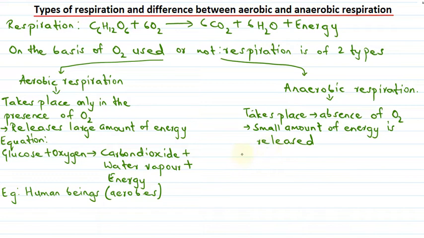One equation of anaerobic respiration we will see here is that glucose is anaerobically broken down. In the absence of oxygen, glucose is broken down by an organism called yeast.